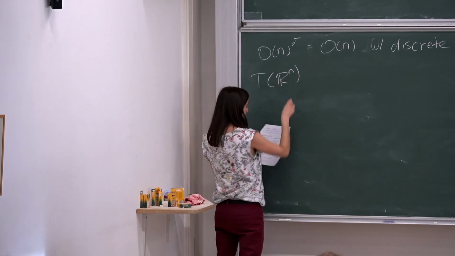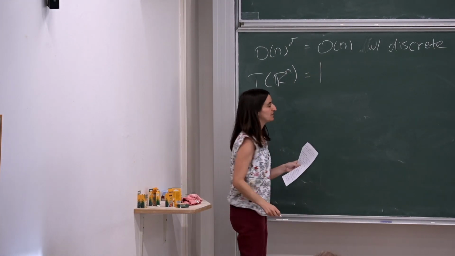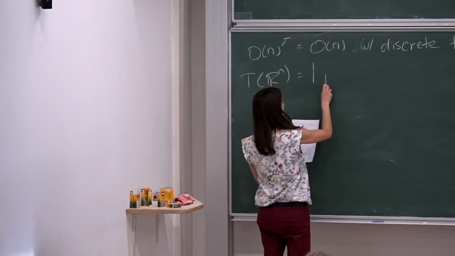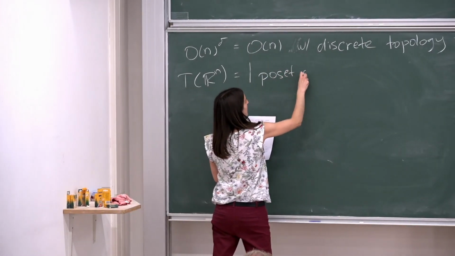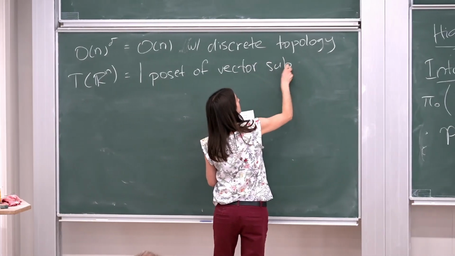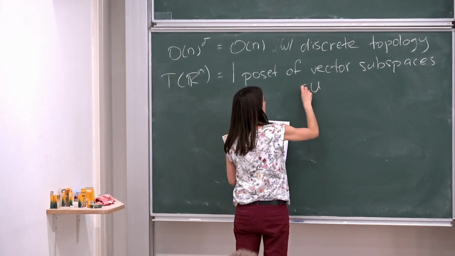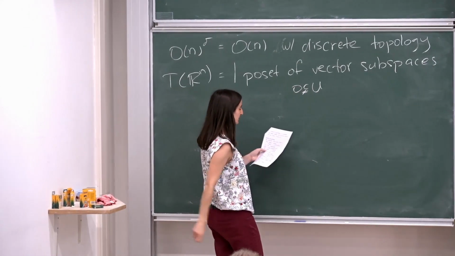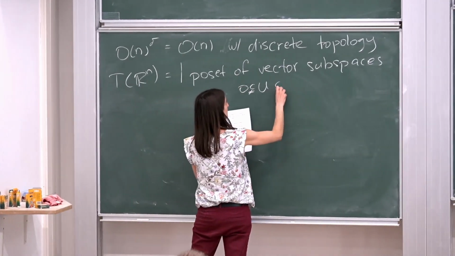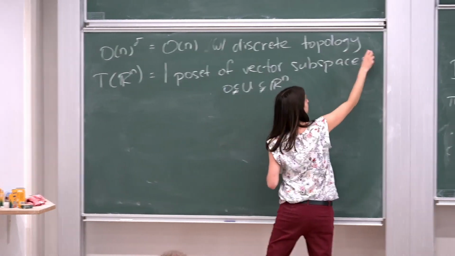This T of R^n is the Tits building. So this is the geometric realization of the poset of vector subspaces that strictly contain 0 and are strictly contained in R^n.